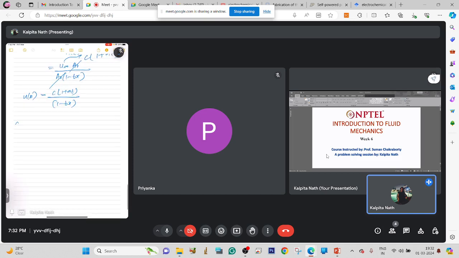Now we need to find the acceleration. Can you do that? We already know the velocity, and we already know how to find the acceleration along the x direction. Can you find that?